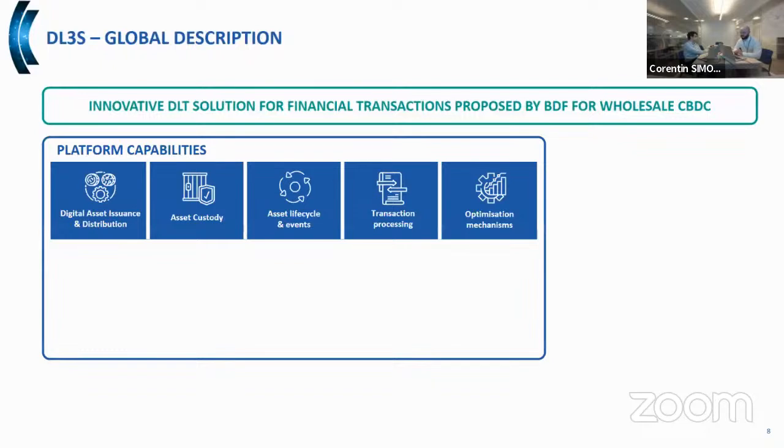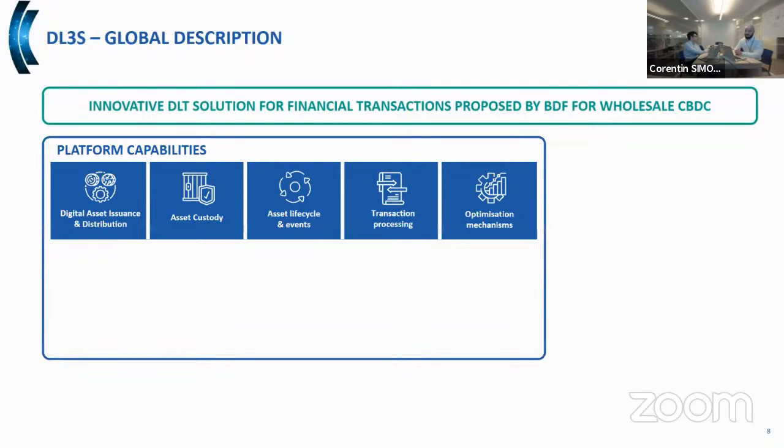We have different types of financial transactions, from DVP, delivery versus payment, that Clément mentioned previously, to more complex transactions, but also the CBDC issuance, transfer, and redemption, obviously.